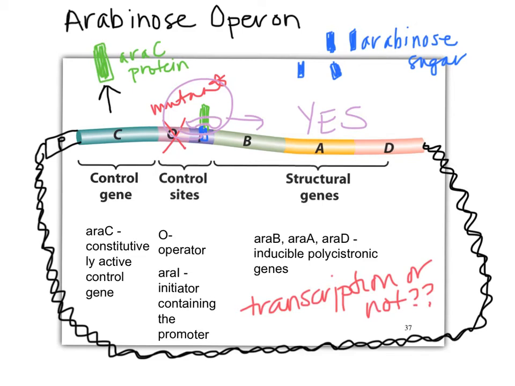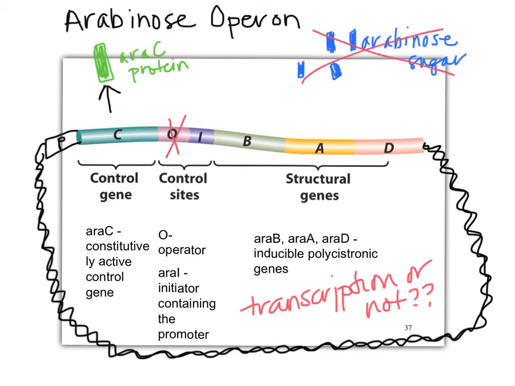But what about if we mutate the operator and there's no arabinose available? What happens? Well, let's take a look. This guy can still bind here at the initiator, right?